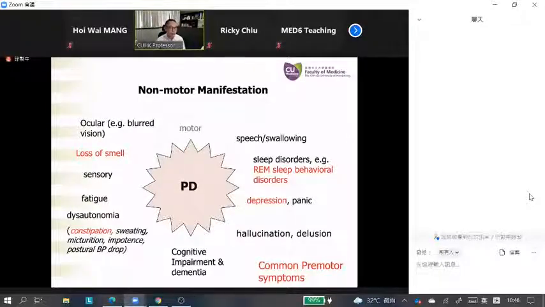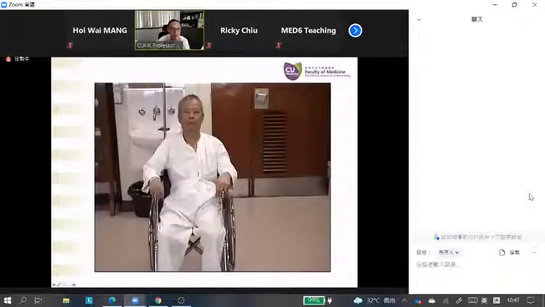So it is possible that we can detect a very early stage of Parkinson's disease by these symptoms. And if one day we have some neuroprotective therapy, we can actually intervene early, even before the onset of motor symptoms. So let me show you this.